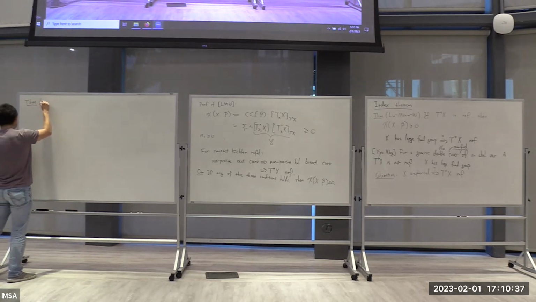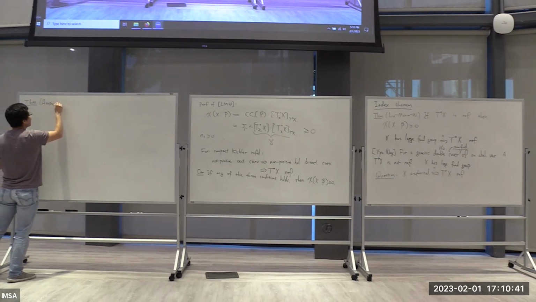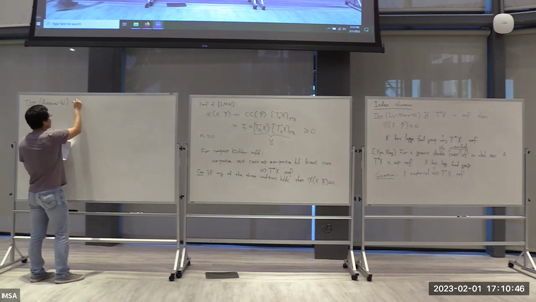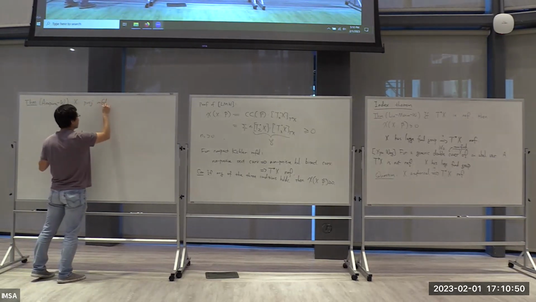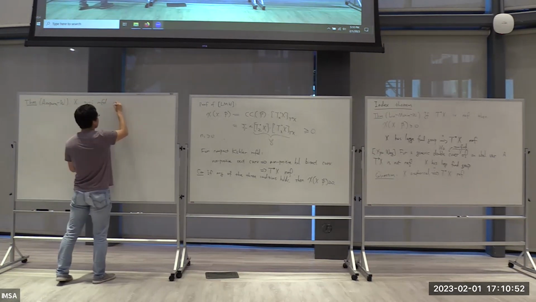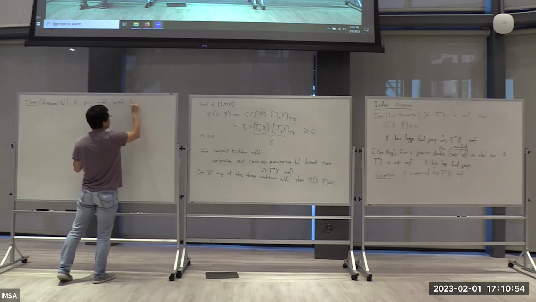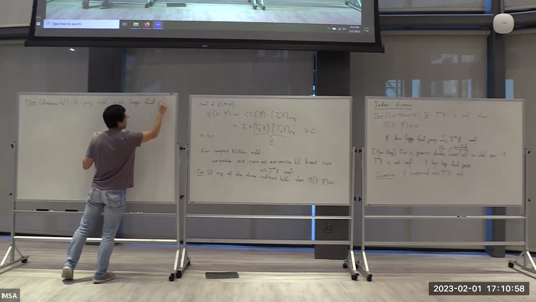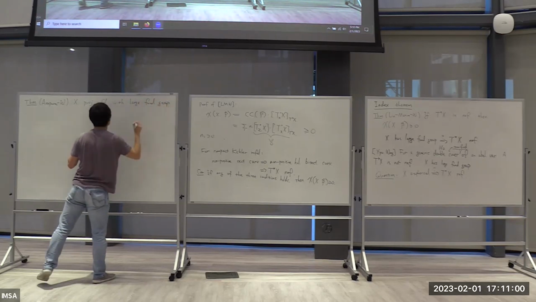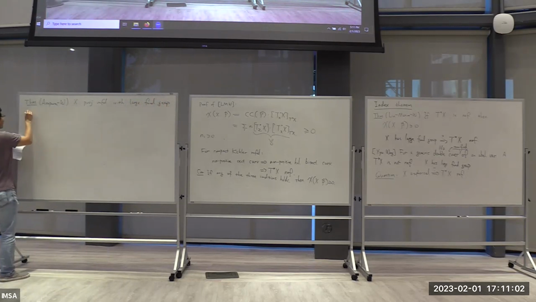So this is the theorem with Donu. Let's say X is a projective manifold with a large fundamental group. Okay, now I'm going to write down a very strong assumption.